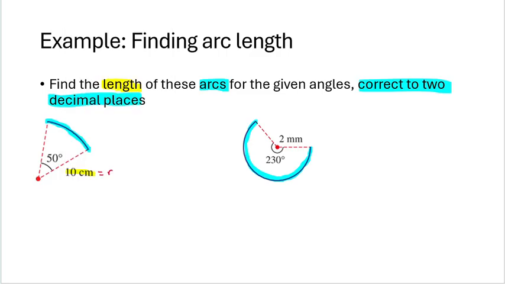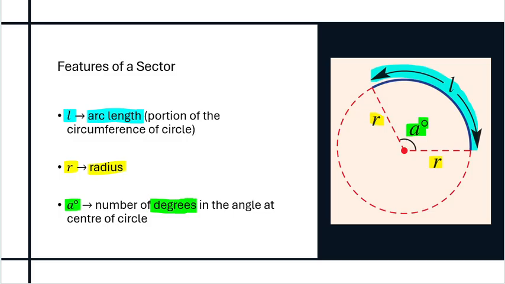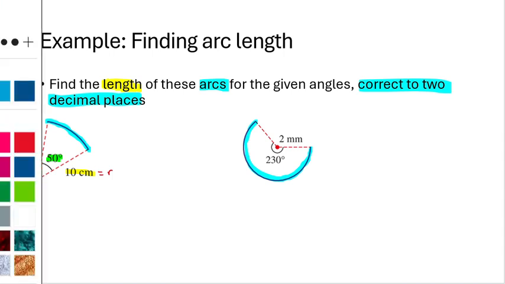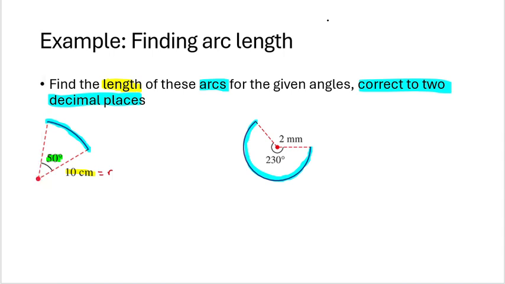Now over here in green, this is your angle. So we know A is equal to 50. Now all we're going to do is apply this formula right here. I will write this formula on the top corner. So L equals A over 360 times 2 pi r.